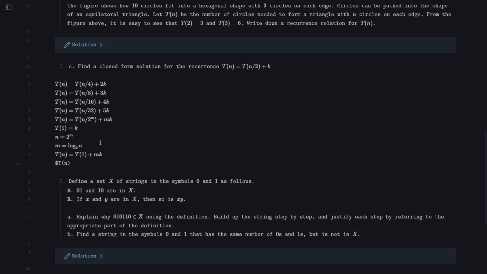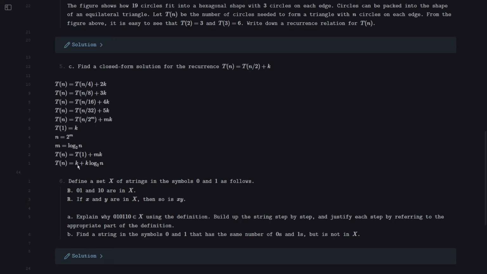So the T(1), we're going to substitute it with k, and the mk is going to be substituted with its actual value. So log base 2 of n multiplied by k, right? So we have the k from the T(1) and the k log base 2 of n from the mk.